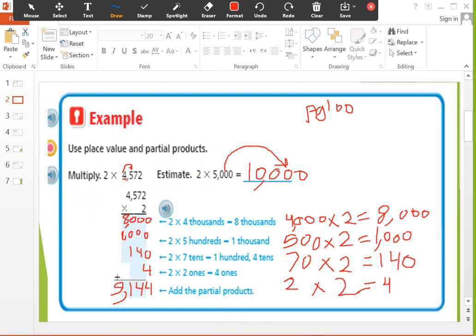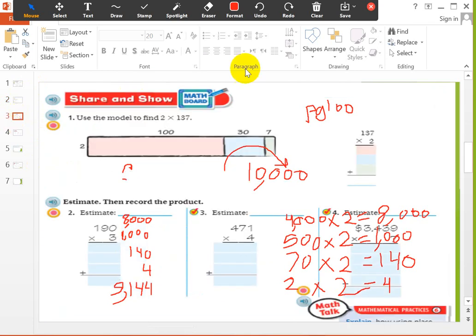Type your question, because we will move to example 1 in the same page. No questions, girls? Okay, Noura, type your question, please. Okay, type your question, Dana.